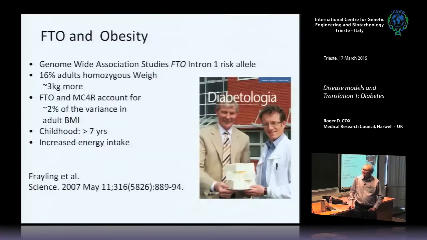In 2007, this was first published, and I've quoted a number of papers that year, but this is one of the main ones, the Frayling Science paper. This was an association with SNPs within intron 1 of the fat mass and obesity gene. 16% of adults are homozygous for the risk allele, and they weigh 3 kilograms more.